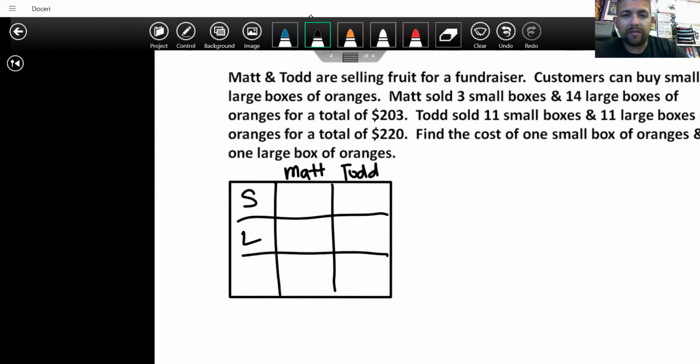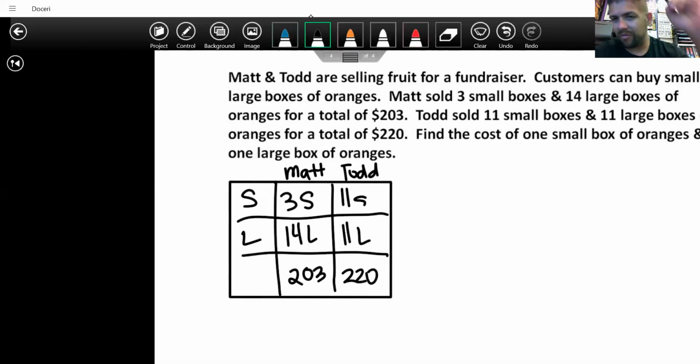Okay, we have 3S for 3 small, 14L for large, and then he sold it for 203. Todd was 11 small, 11 large boxes for 220.